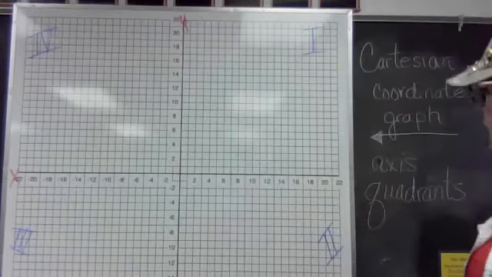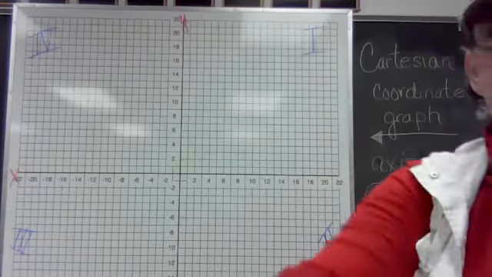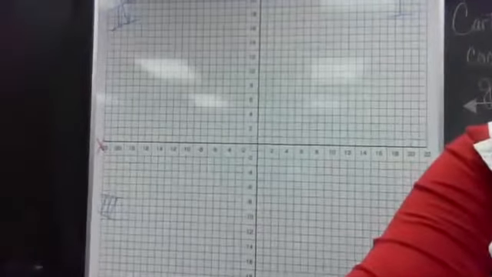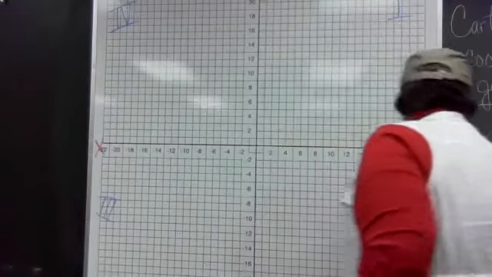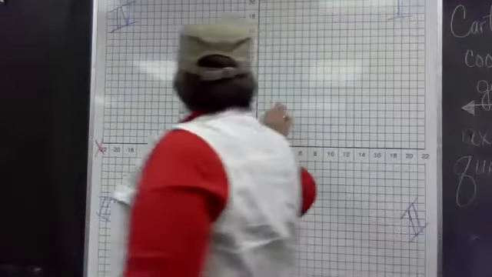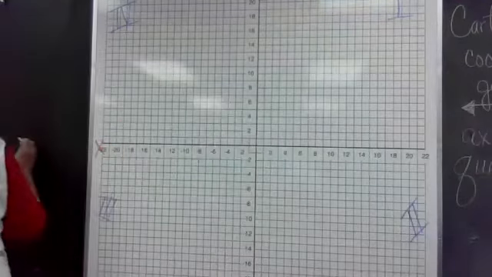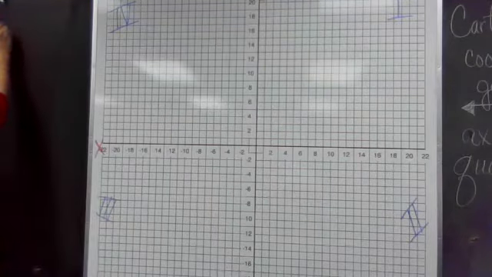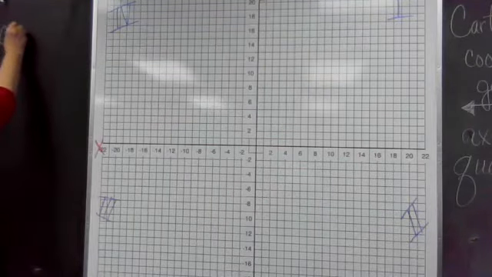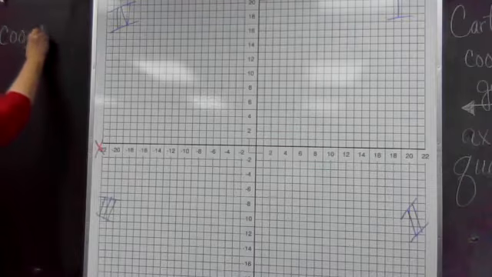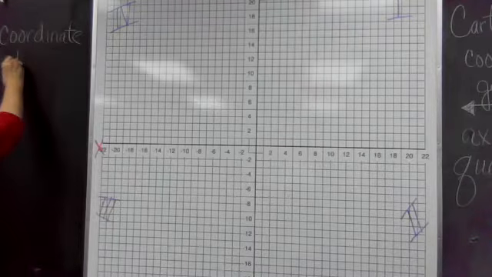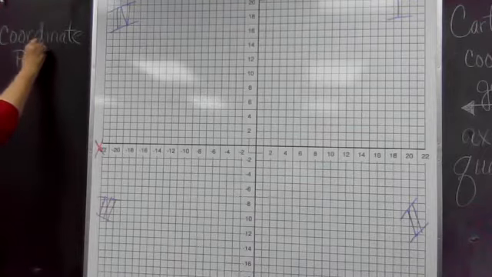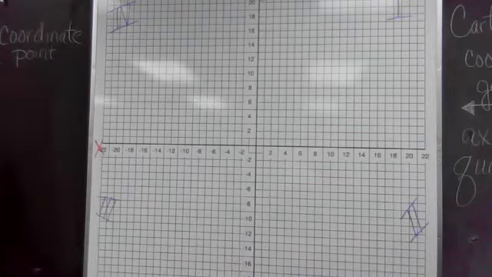The address of each intersection point is called the coordinates, or a coordinate point. This is the address of each intersection.